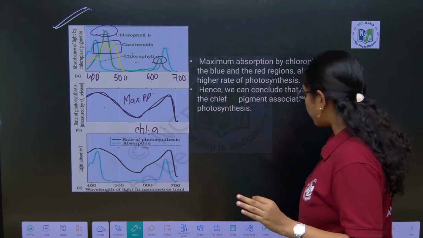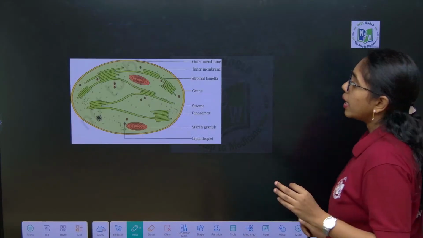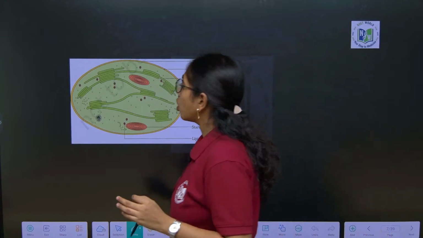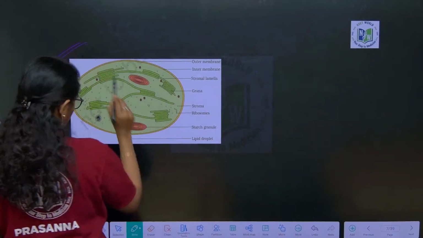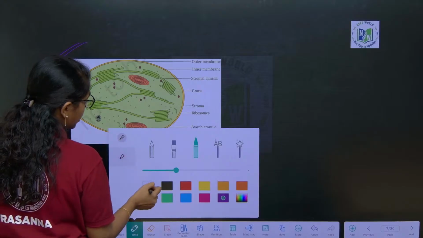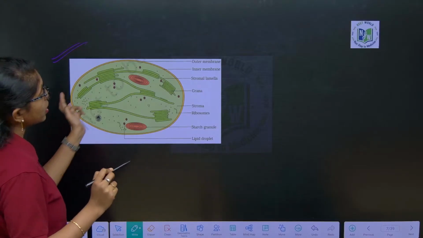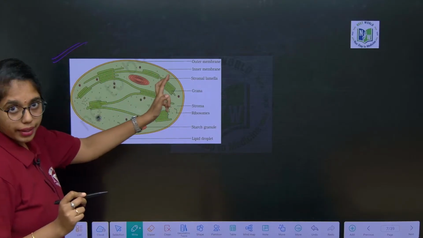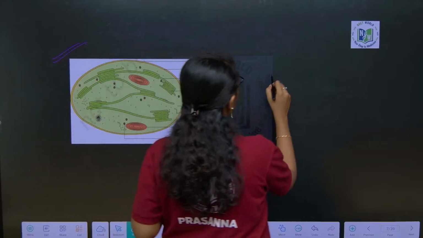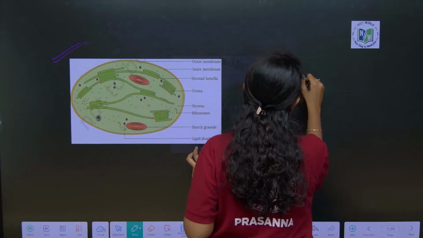That is E.W. Engelmann. Next, chloroplast structure. The chloroplast is a double membrane bound organelle, which we also call the kitchen of the cell.